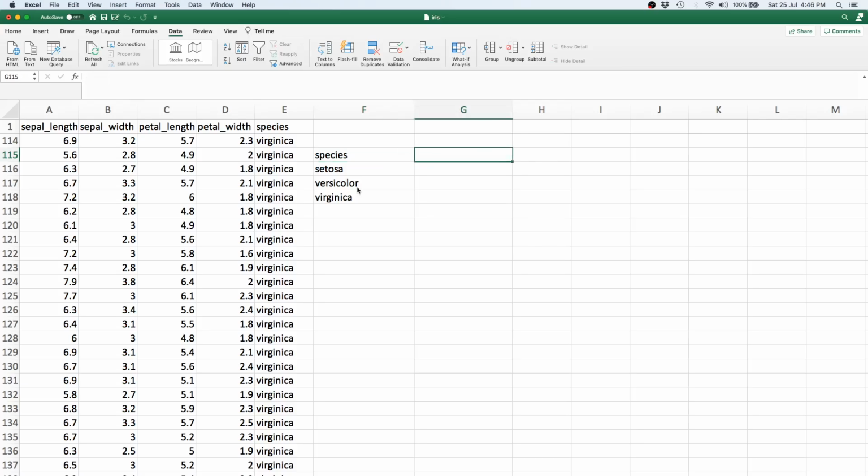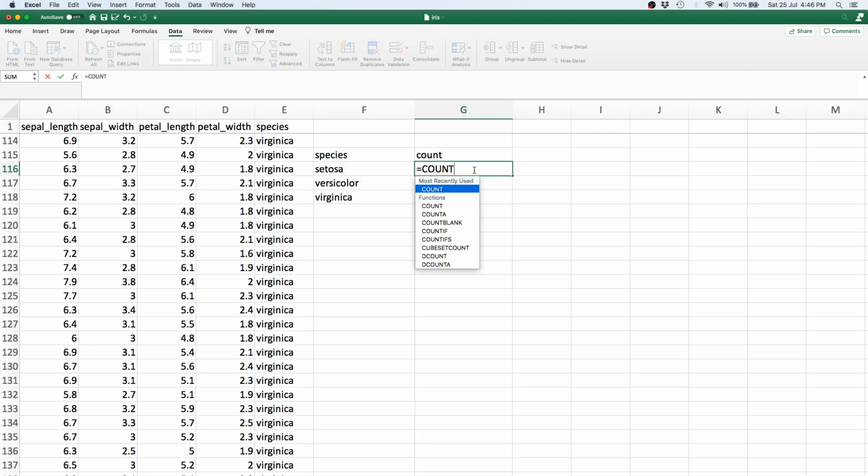So I have species here, and let's also create something called a count. Now I just want to count how many Setosas are there, how many Versicolors are there, and how many Virginicas are there. A simple way to do that is to use another formula called the COUNTIF formula. What COUNTIF does is it counts values in a given selection, that is a range. So let's say my range is the entire column, which is E to E, and the criteria is what you want to match it with, and I want the criteria to be Setosa.